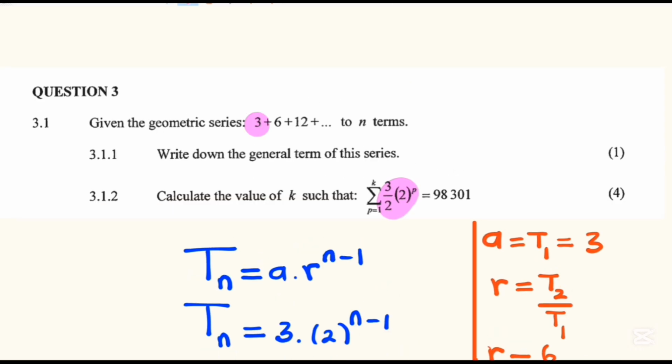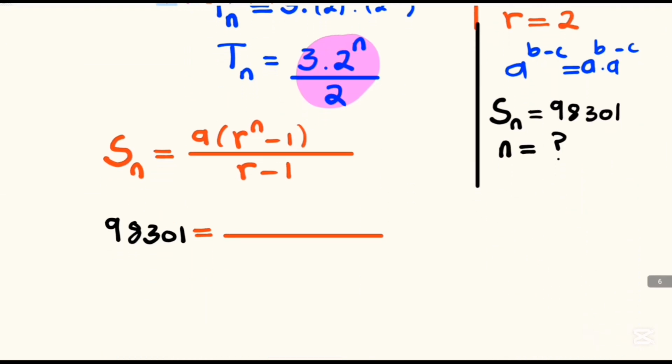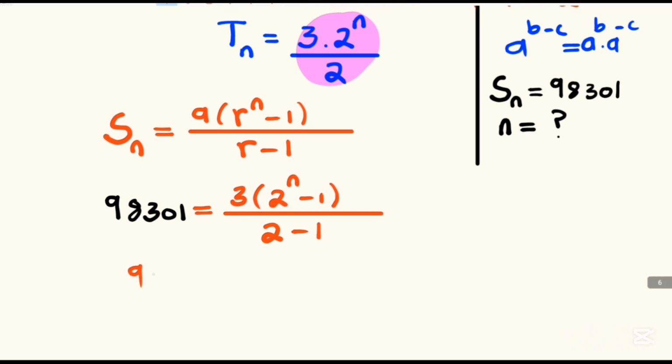So our a is equals to 3, the first term, and our r is equals to 2, and we have to determine the n, and this will be divided by 2 minus 1. So we have 98,301, which will be equals to 3 multiplied by 2 raised to the power n minus 1. The 2 minus 1 in the denominator will be 1.